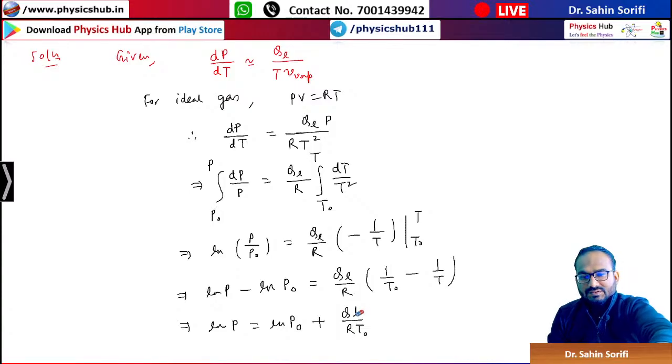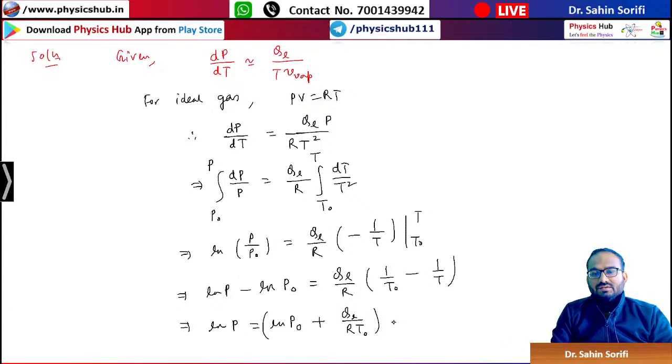These two terms are constant, minus QL by R times 1 upon T.